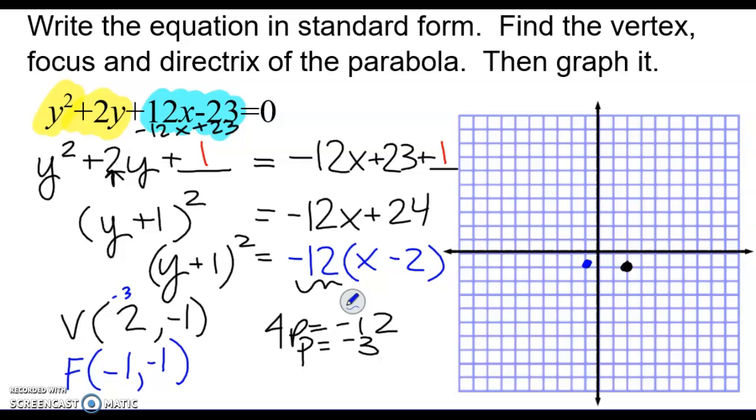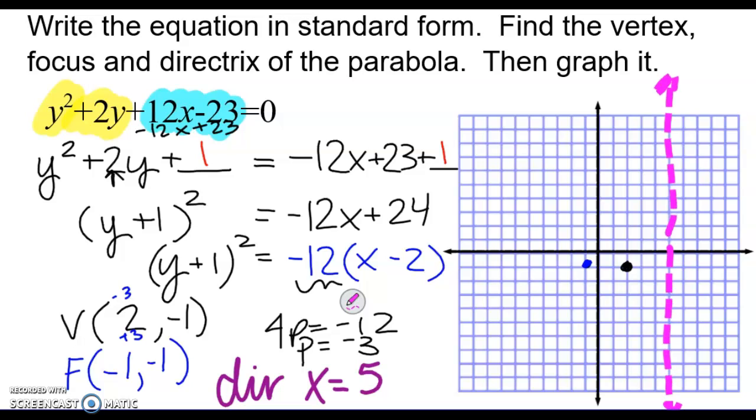And then, therefore, I'm going to add 3 and count the other way. So my, what do we call that? My directrix is at x equals 5. 1, 2, 3, 4, 5, yep.